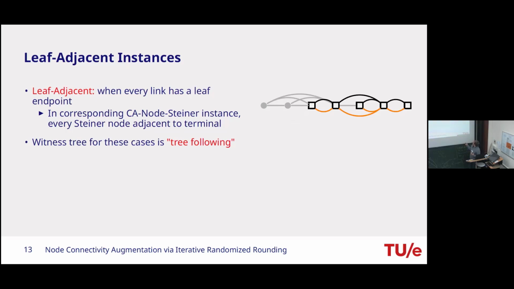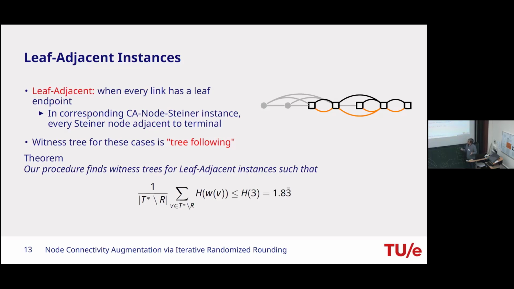So we've contracted all of those terminal Steiner node edges, and so the actual tree is drawn in black, and the witness tree is drawn in orange. So they're identical. And so we can use some nice properties about graphs to find that this has at most H3 or 1.83 as its average. So for these instances, we can get a nice approximation.